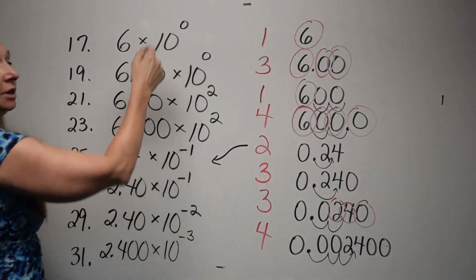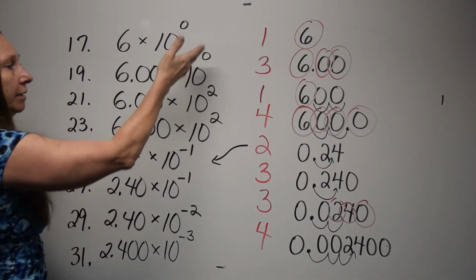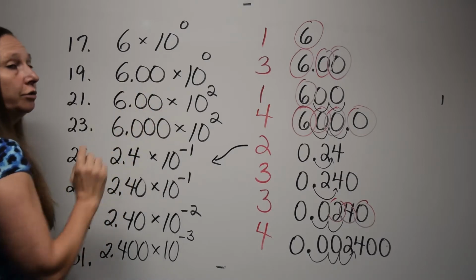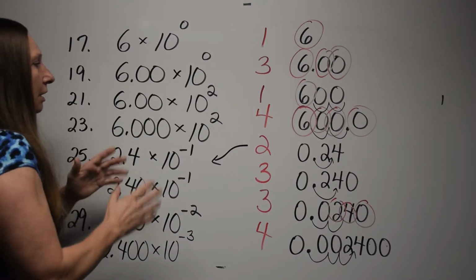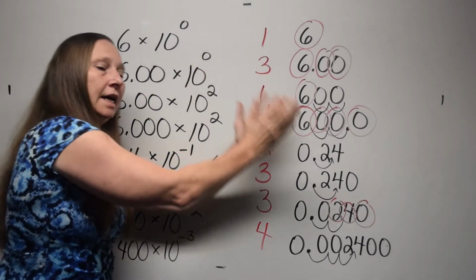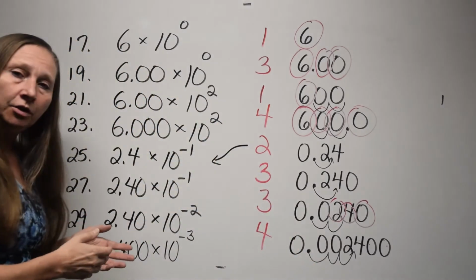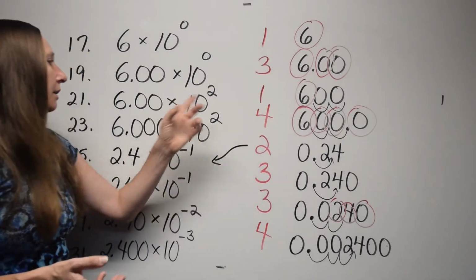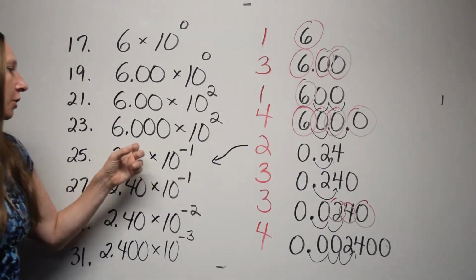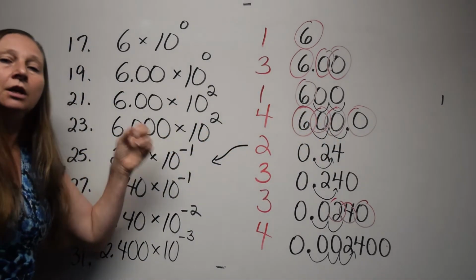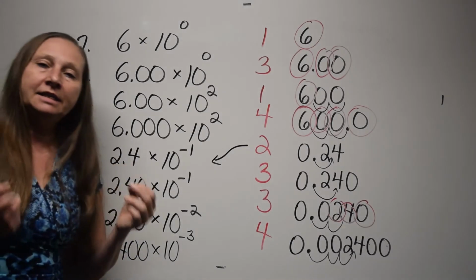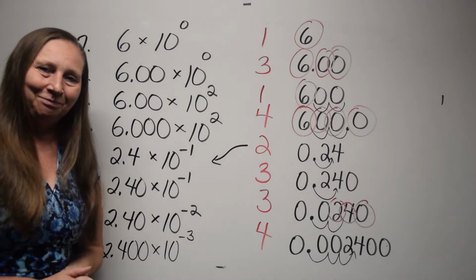So it's 6 times 10 to the 0. Here we have one significant figure, here we have 3. Again, the decimal number and the scientific notation must match. If you're telling me that this is the decimal number that corresponds to this scientific notation, the number of significant figures must match in order to be exactly the same measurement.